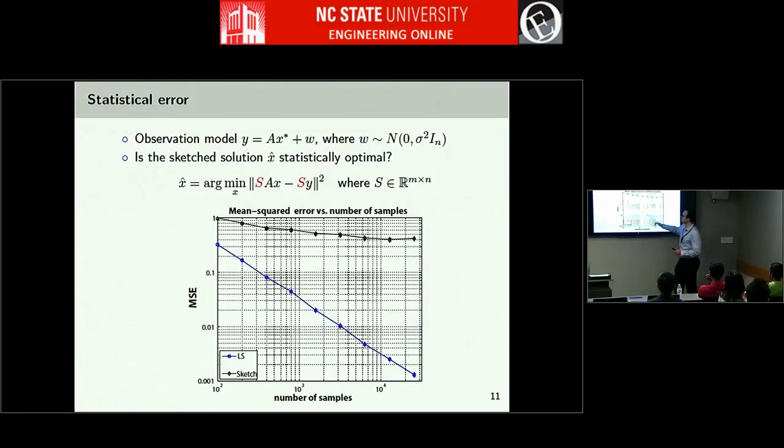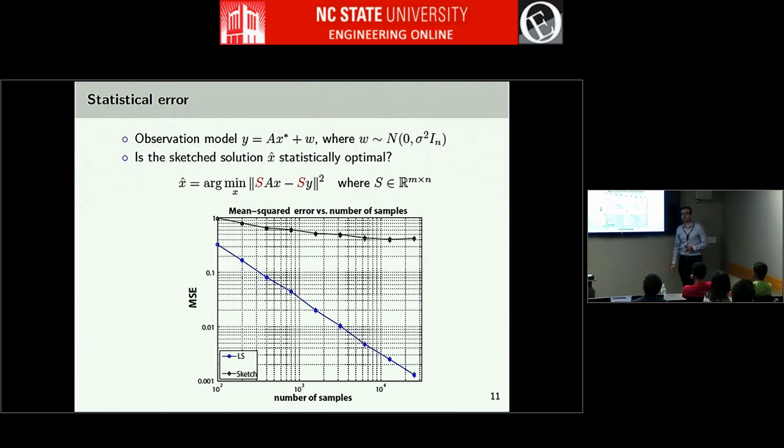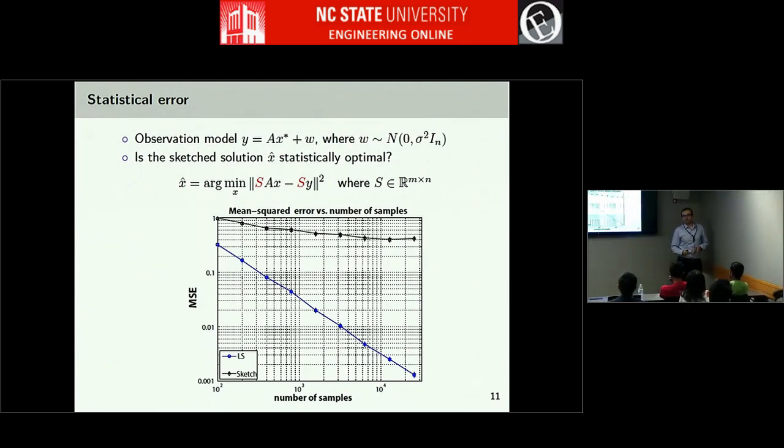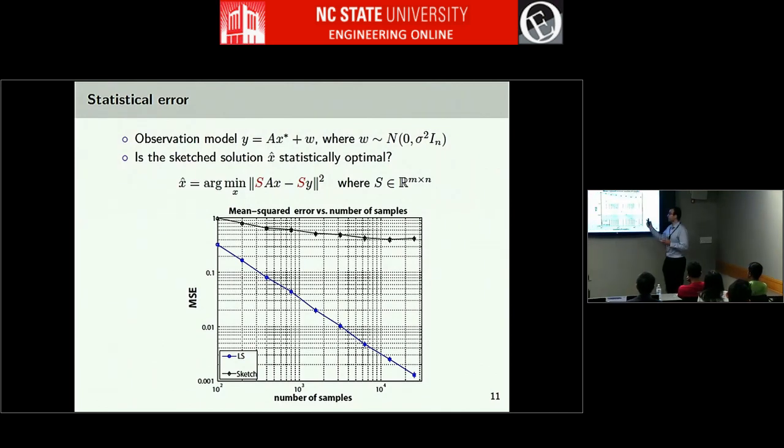In logarithmic terms, it will decrease linearly, but the sketch solution will not. It will have a very large error. And we were wondering why this can be true. Is this suboptimal, or is it optimal, or can we not see it yet?